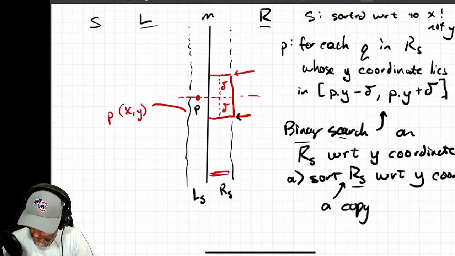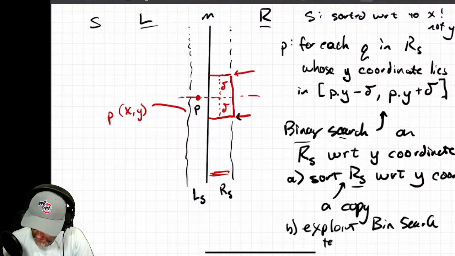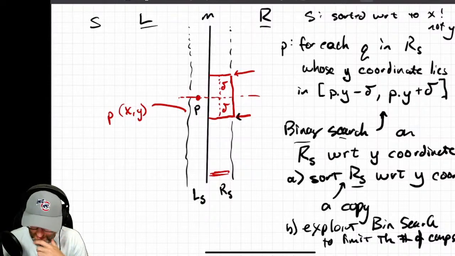So sort a copy of R sub s with respect to the y coordinate. When we do that, then we can exploit binary search to limit the number of comparisons, the number of distance calculations that we have to do. That's for each point.